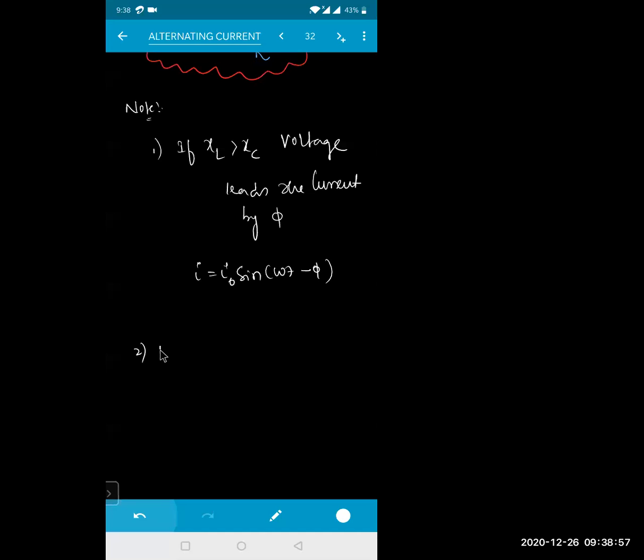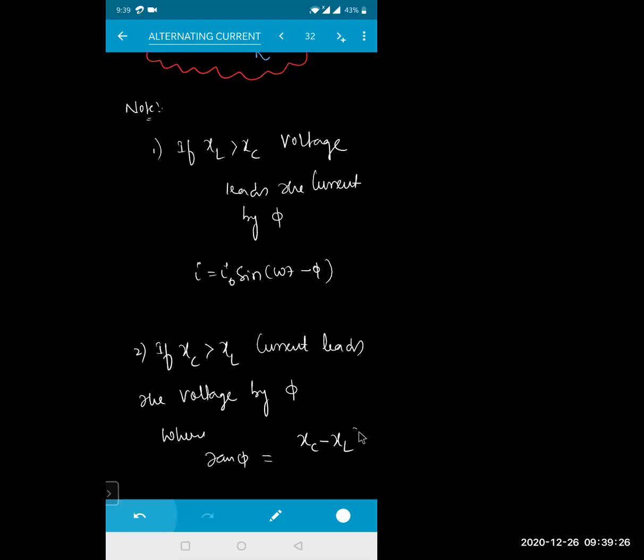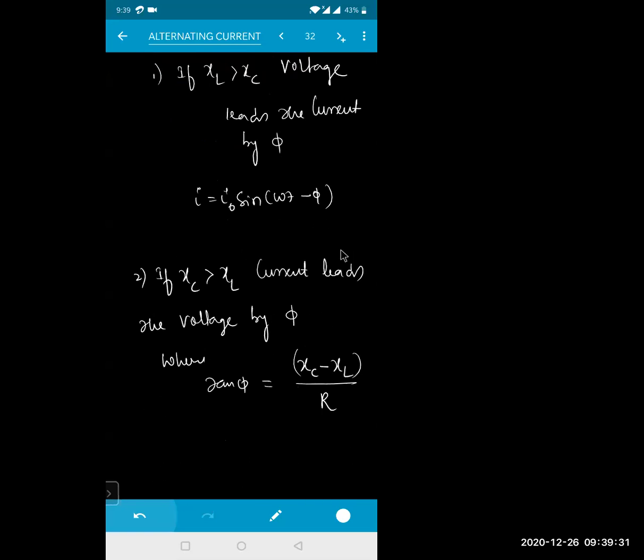The second case, if XC is greater than XL, then current leads the voltage by phi, where tan phi will be equal to XC minus XL divided by R. That means current will be ahead.